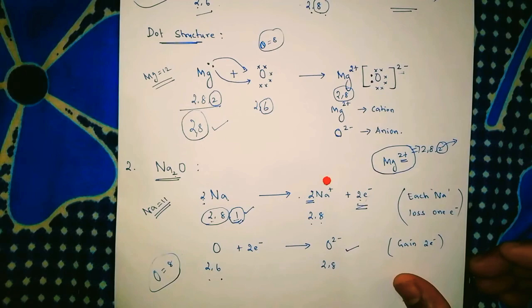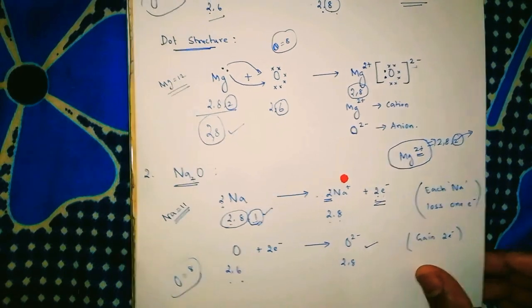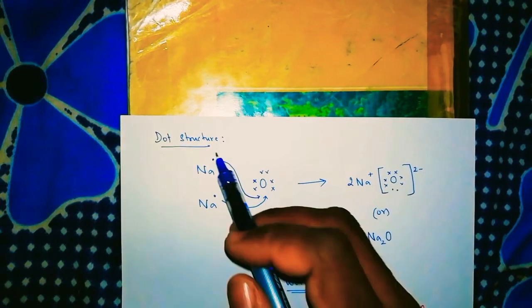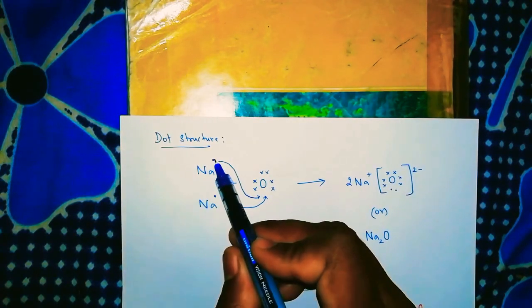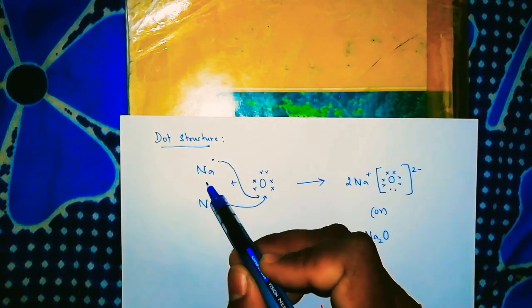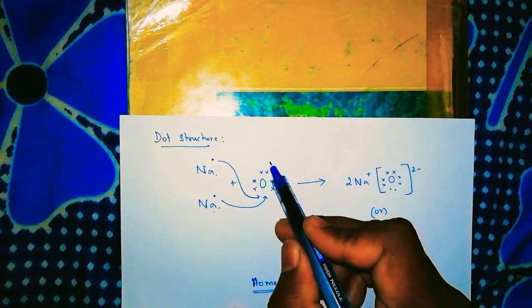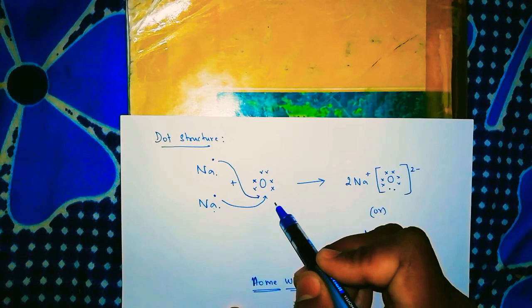There you will understand more on how it forms. Okay, let's see this dot structure. Sodium, as I told you, we have 2 sodiums here, Na and Na, and they are going to react with 1 oxygen.